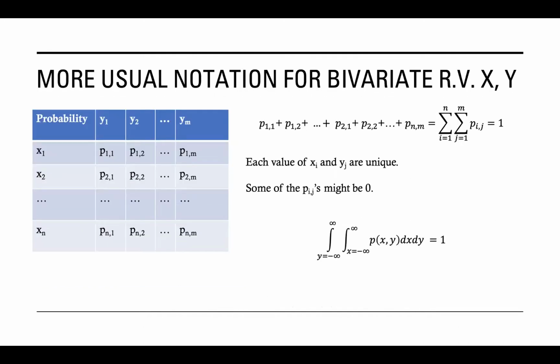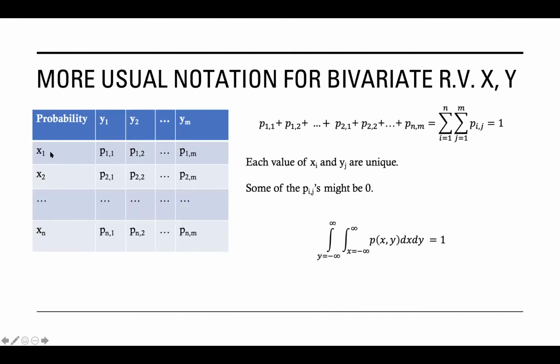And a perhaps more usual way to denote bivariate random variables would be more of a table that listed unique values of x and unique values of y, so that you can think of now all the possible values of x and all the possible values of y.